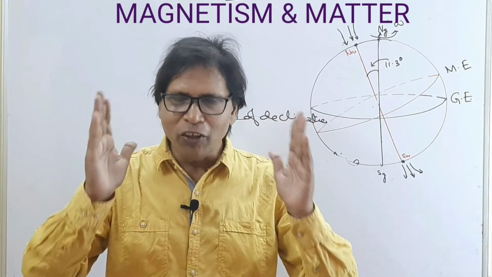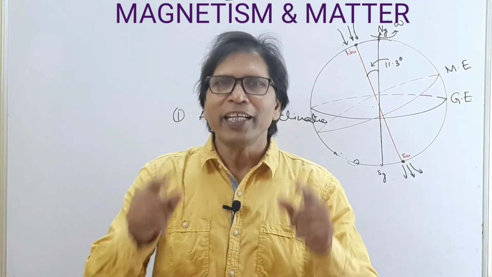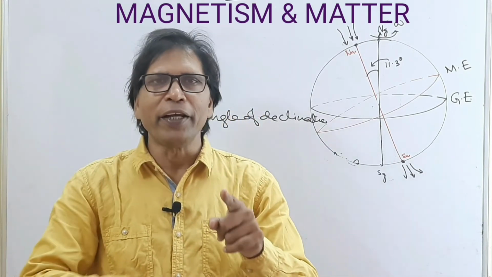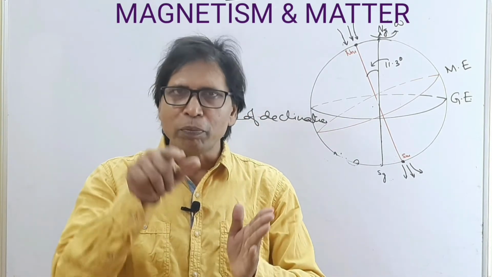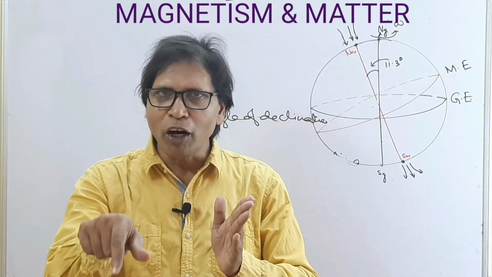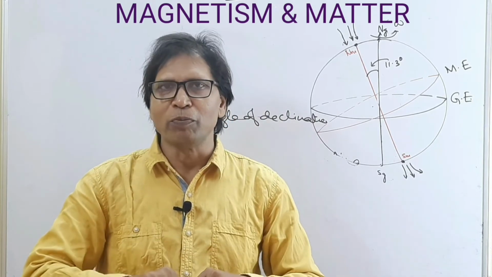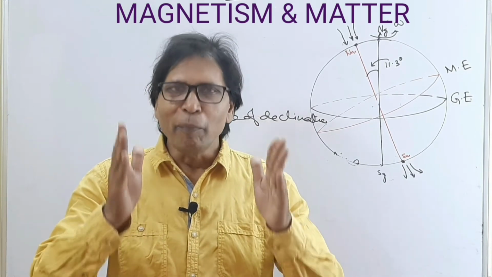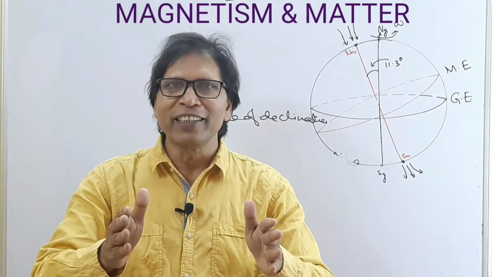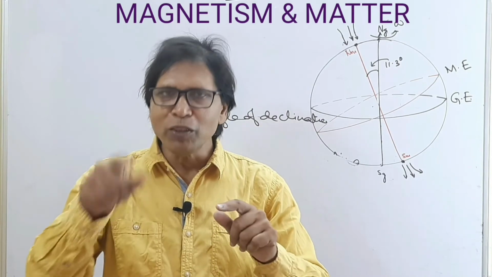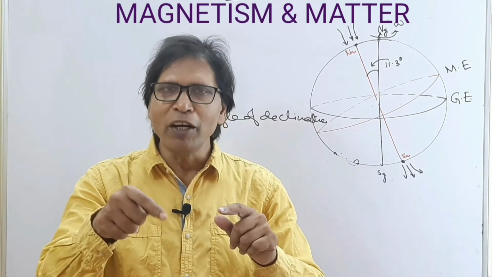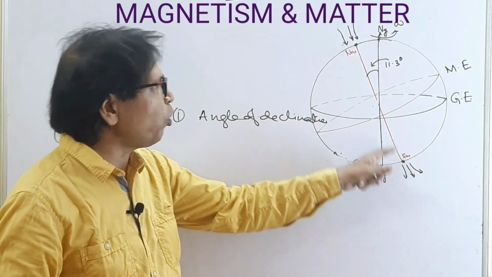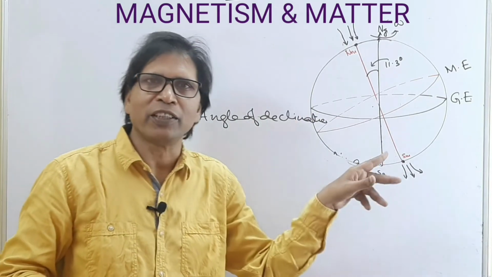Okay, now geographic meridian. The geographic meridian of a place is a vertical plane passing through the place, geographic North Pole and geographic South Pole. Now magnetic meridian. The magnetic meridian of a place is a plane passing through magnetic South Pole, magnetic North Pole and the place.